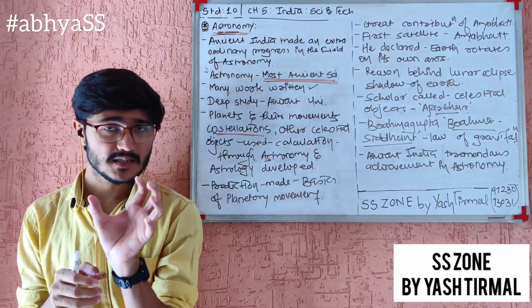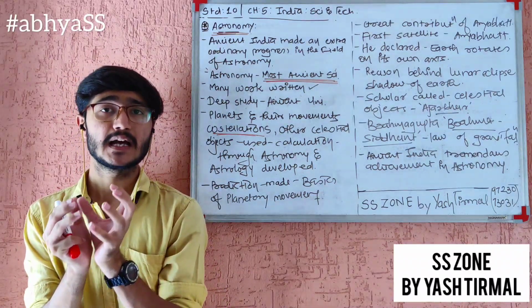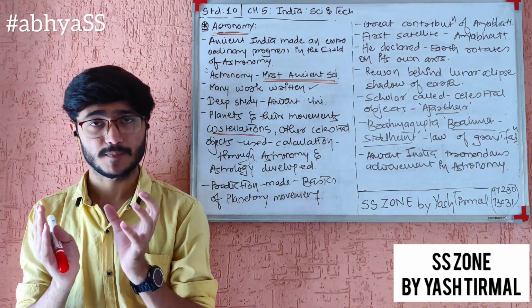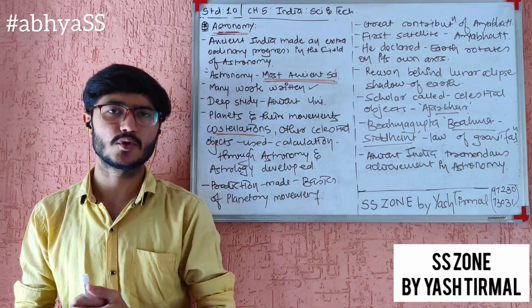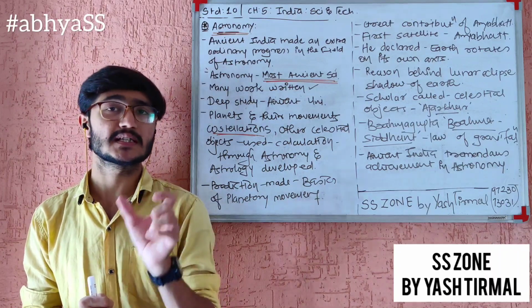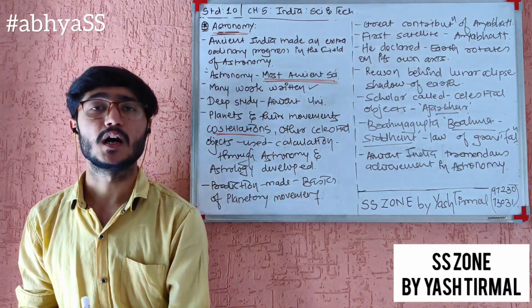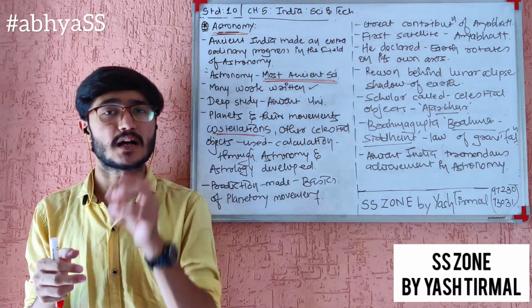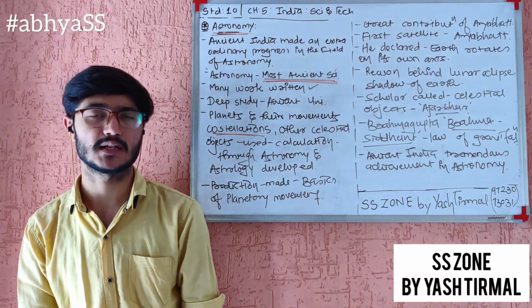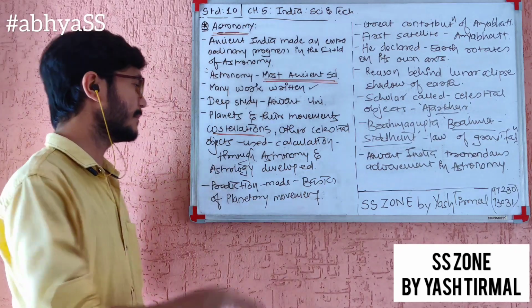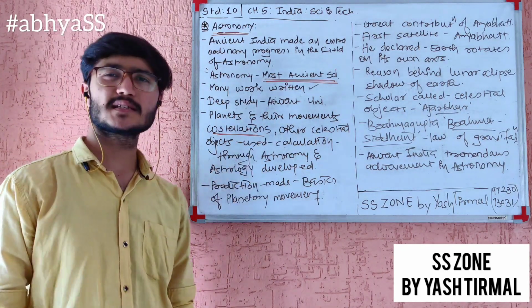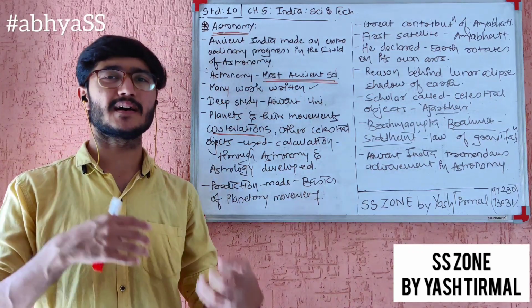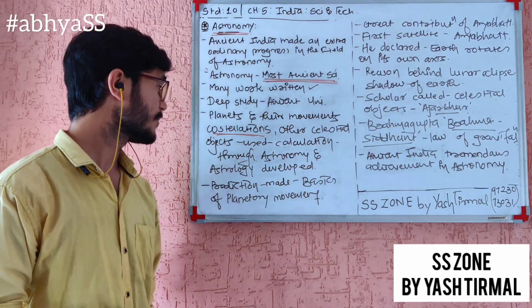A group of stars having a specific shape in space is called a constellation. I can give you an example, that is called Saptarshi. A group of 7 stars having a specific shape is called Saptarishi. That is one example of constellations. Then some other celestial objects like meteoroids, stars, sun, moon, etc.